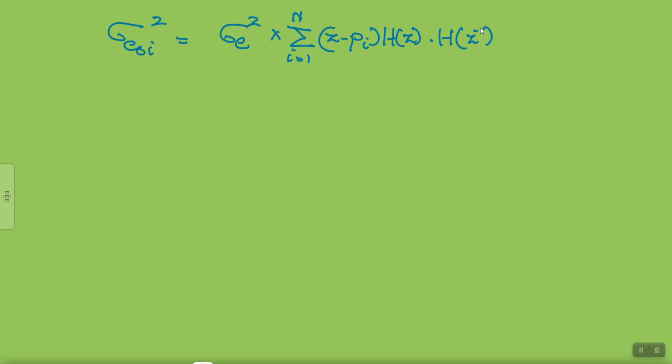Sorry, there is no dz here. So sigma eo square can be represented as sigma e square into the summation i equal to 1 to n of z minus pi into h of z into h of z raised to minus 1 into z raised to minus 1, where pi can be represented as p1, p2, p3, etc. up to pn, which are the poles of h of z into h of z raised to minus 1 into z raised to minus 1.